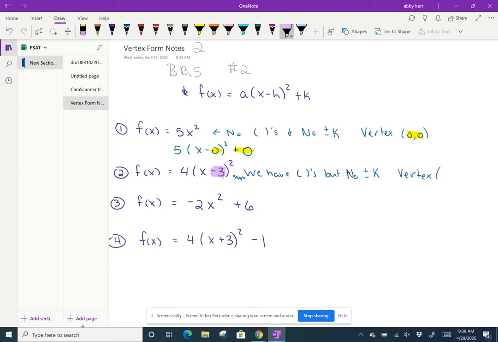So I see a negative 3 inside parentheses. So the opposite of negative 3 is 3. But notice I don't have that plus or minus k. So just like before, if we don't have a number, then it's 0. So then it will be 3, 0, because we don't have a plus or minus.